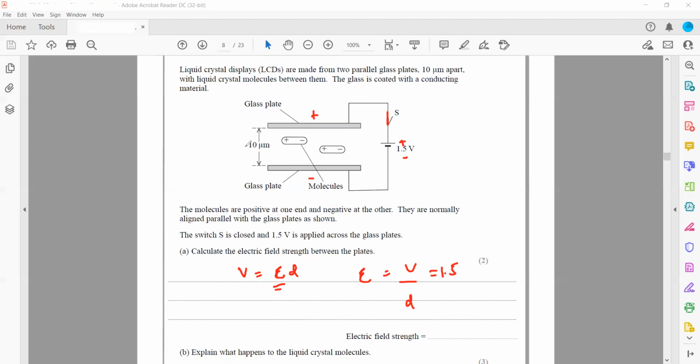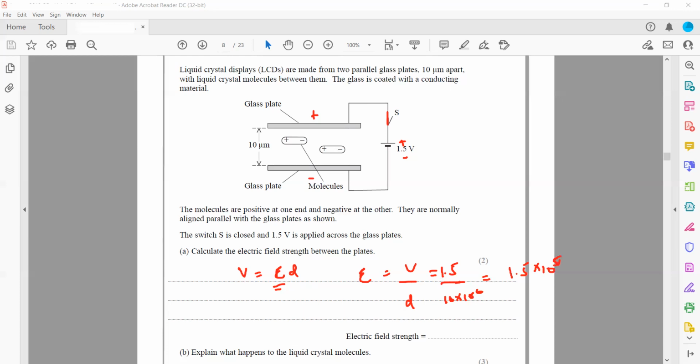It is 10 micrometer, so it is 10 into 10 to the power minus 6. So 1.5 divided by 10 into 10 to the power minus 6. When we divide these two values, it comes out as 1.5 into 10 to the power 5.